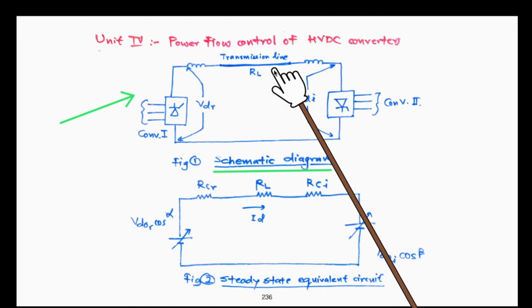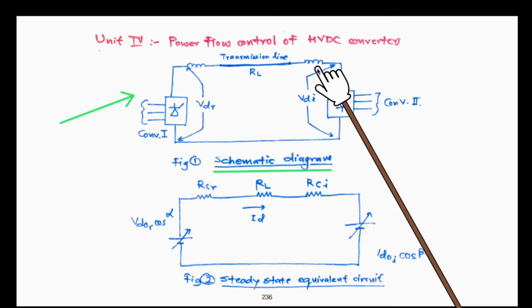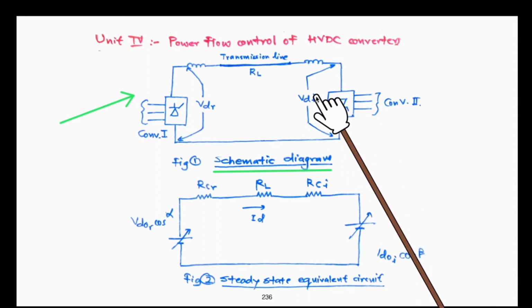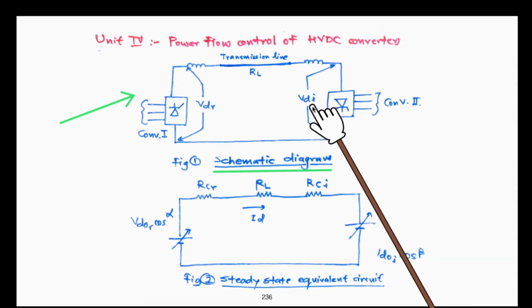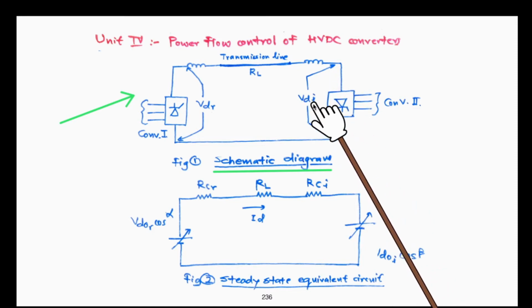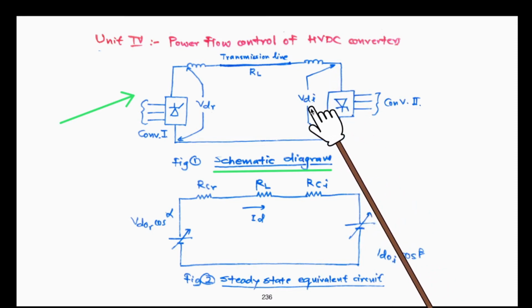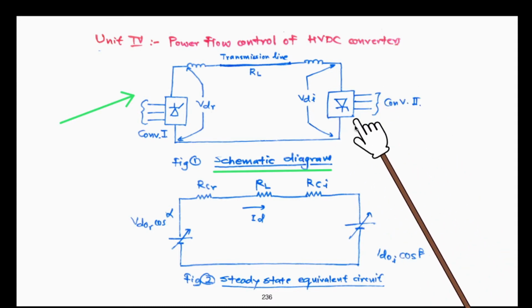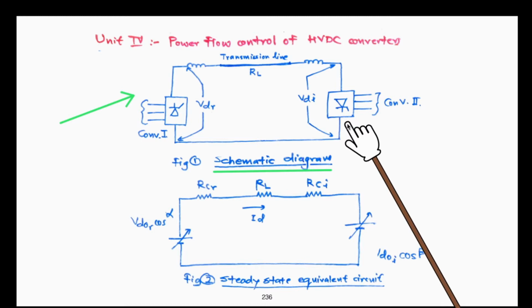Okay, so this is a DC line, and again smoothing inductor, the inverter end, and inverter has an input voltage of VDI. So this is a DC terminal voltage at the inverter end. So VDI, I means inverter. So converter 2 has been shown to be acting as an inverter.